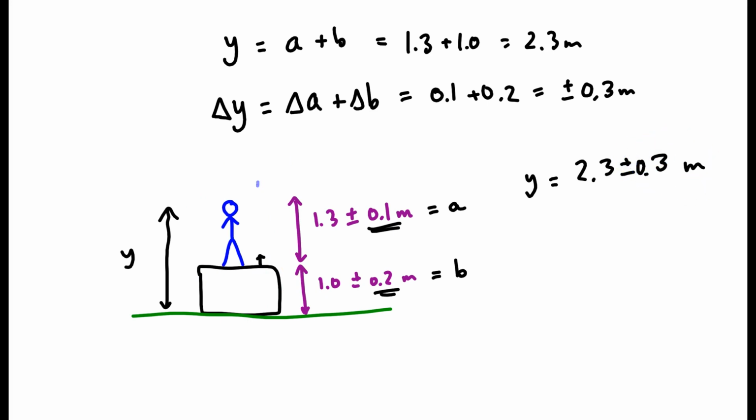And by the same reasoning, we could say that the block is actually a little bit lower, putting my feet down here, and so is my head a little bit lower. Combining those effects means that the total, or the sum, could be 0.3 lower, adding again just 0.1 and 0.2.